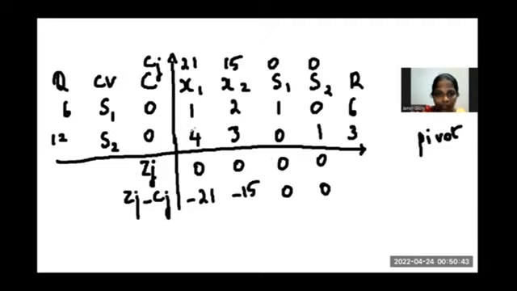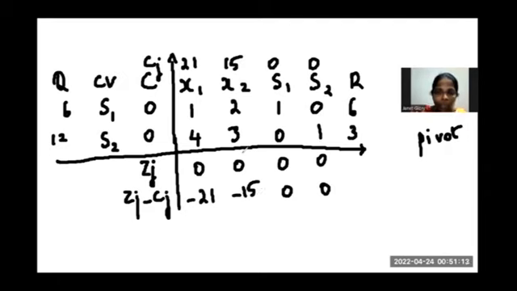Now, if we look into this table, in Zj minus Cj, we have negative values minus 21 and minus 15. The condition in simplex method is that we can have only positive values or 0. Since we have negative values here, we want to construct one more table, that is the iterative process. We follow another process in order to rectify the negative value and to come out with the positive value to arrive at the feasible solution.